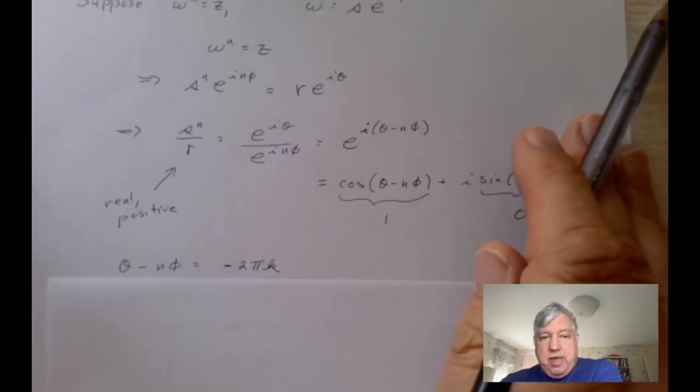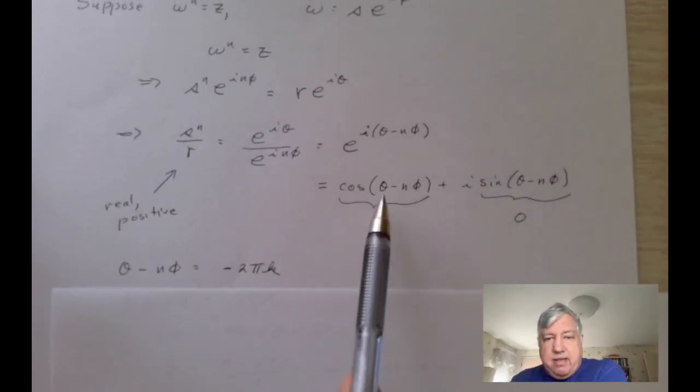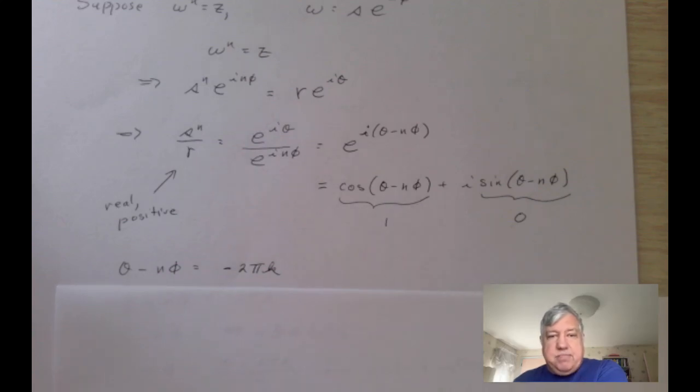So that means the angle theta minus n phi must be either 0 or some multiple of 2 pi. Alternatively, we can just say it's minus 2 pi k for some integer k.